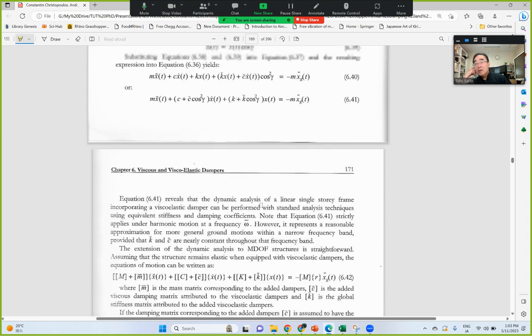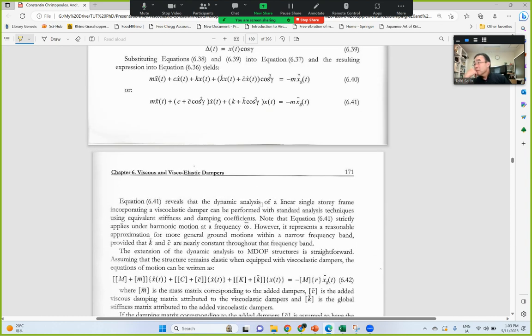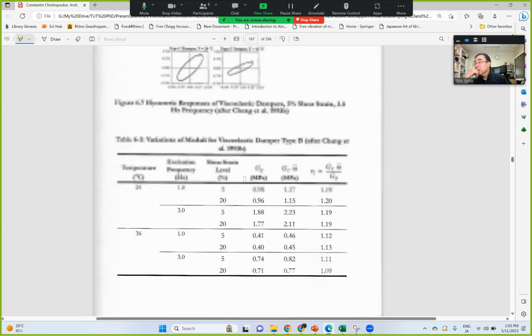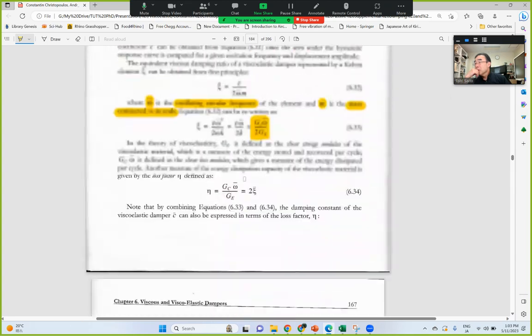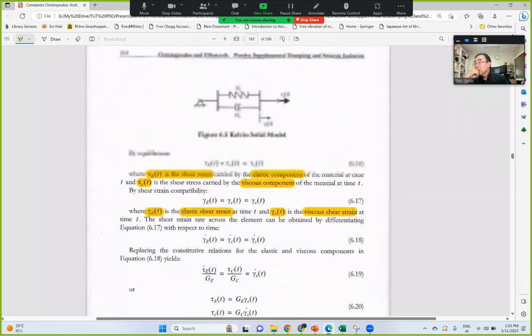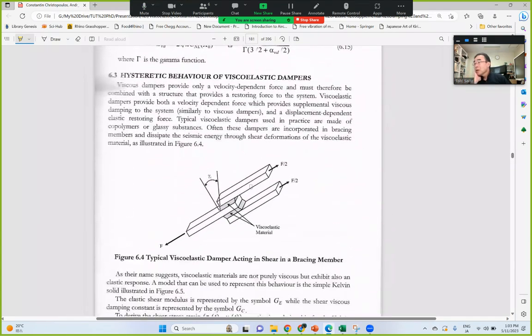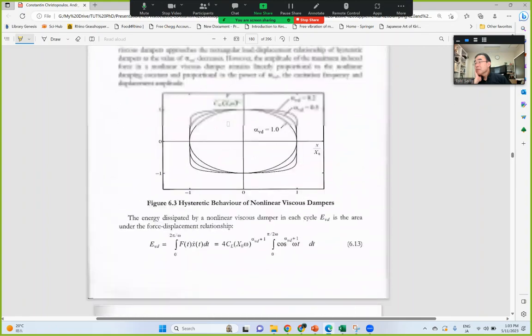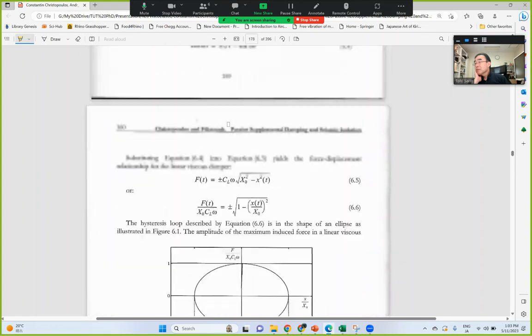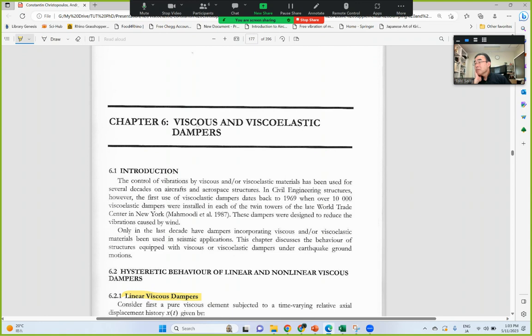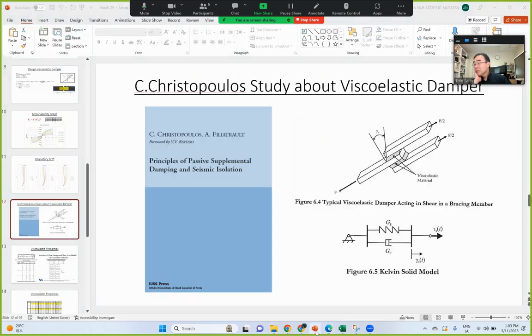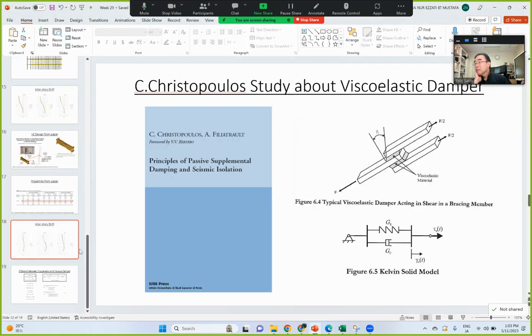He actually has this book reference, with everything about dampers. In chapter 6, he discusses coupling, viscous dampers and viscoelastic dampers. He explains how to consider hysteresis behavior in viscoelastic dampers, and he also discusses viscous dampers.